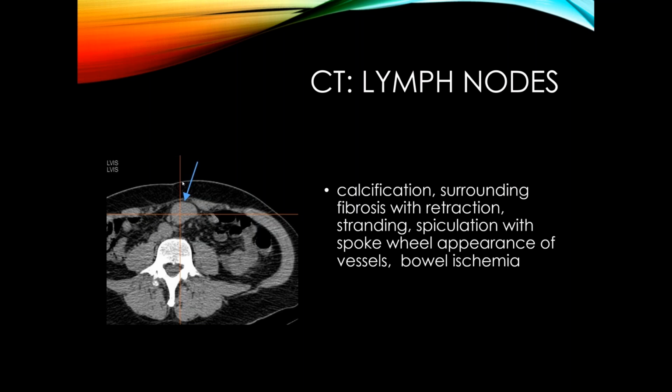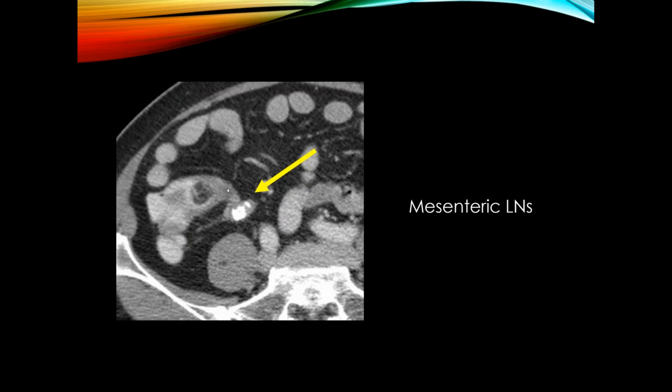Now the lymph nodes on CT are described as being abnormal when they are greater than 1 centimeter, or if we can see calcification or twisting or fibrotic change to the adjacent mesentery. But because we use 1 centimeter as a criterion, we may miss small lymph nodes that are actually involved. And that would be important when I talk about PET imaging and why they're all complementary.